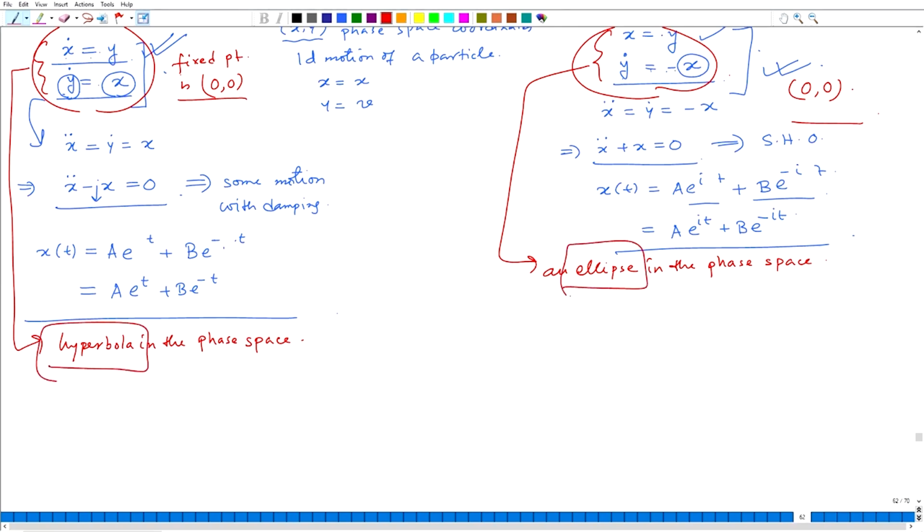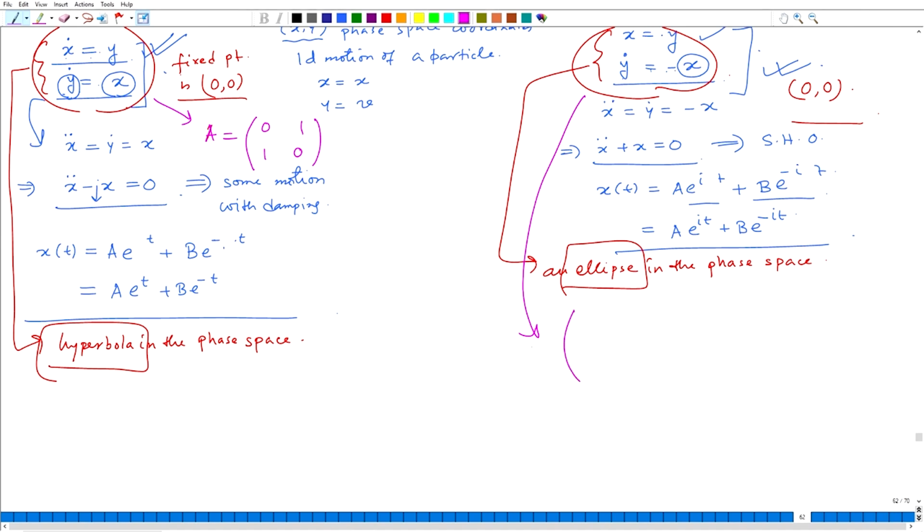Now, for this case what is the coefficient matrix? I use another color, A. That will be 0 1 1 0, from this one. And what will be the coefficient matrix for this?